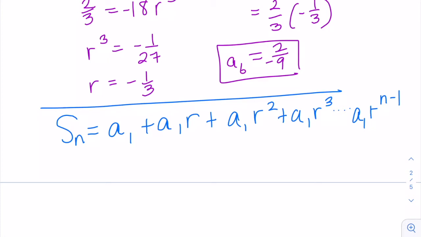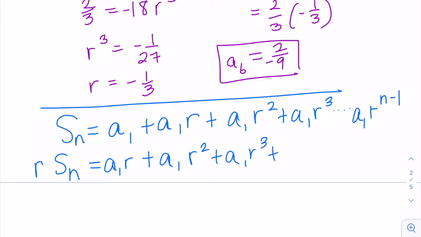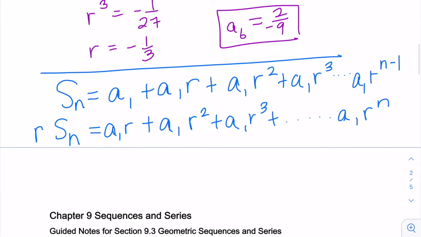Just like we found the fraction for the repeating decimal, I'm going to multiply both sides by r. So we have r times s sub n, and all of these will be multiplied by a higher power of r: a sub 1 r squared, a sub 1 r cubed, and it keeps going until a sub 1 r to the n. What I'd like to do is subtract the second line from the first line.